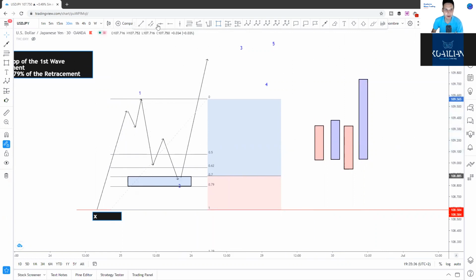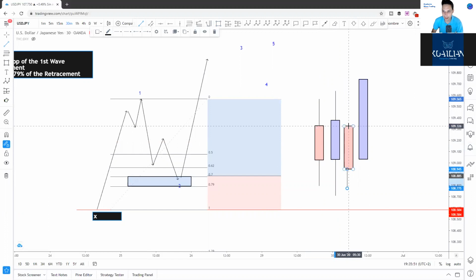Then, of course, this candle has some wicks, yeah? Just pay attention, it will be clear in a moment, okay?